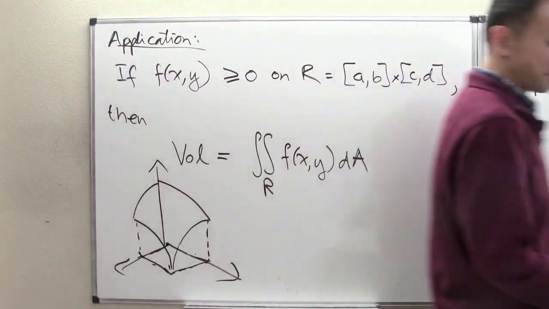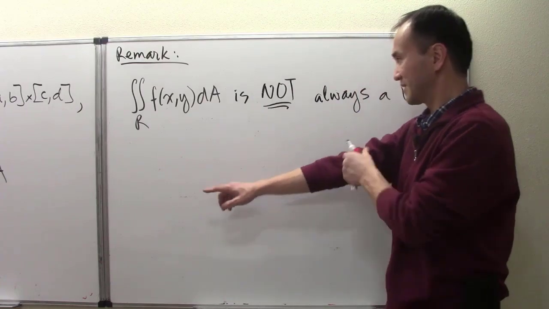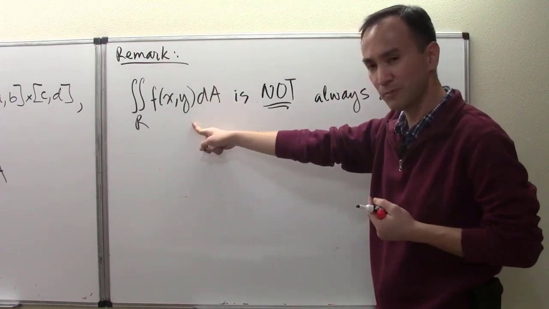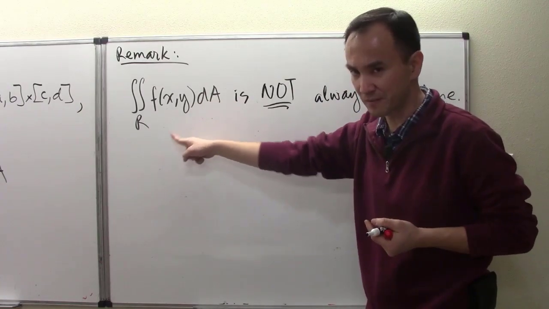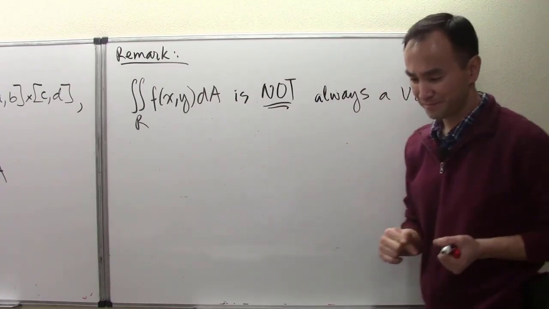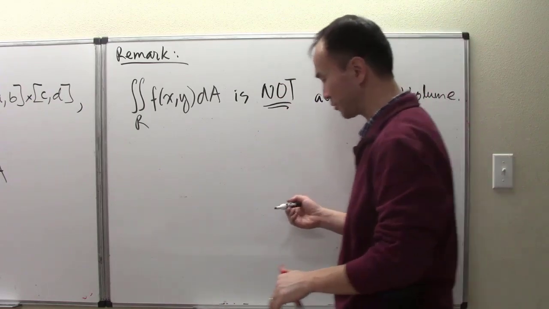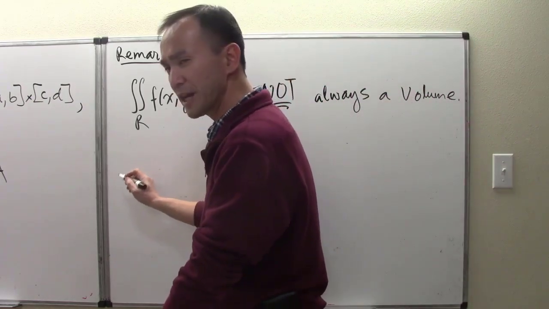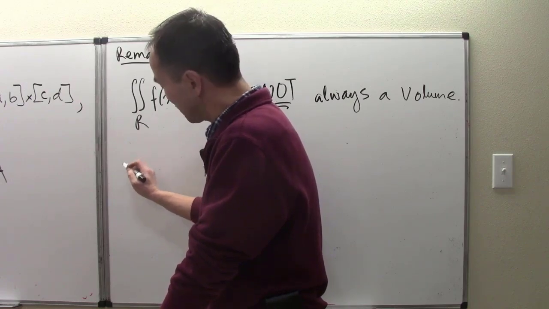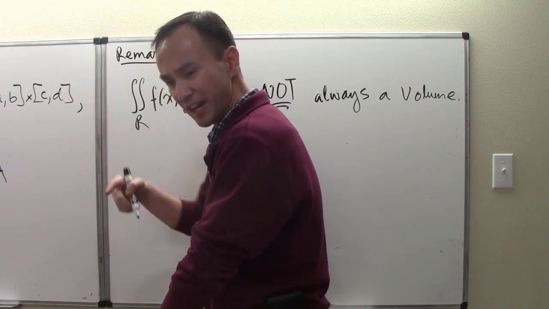It's good that we think of that as volume, but again, to be clear, a double integral over a rectangular region is not always a volume. But now, at this point, with what we have seen, it's enough to mention one property among many other properties, and we will study the other properties as we go along.